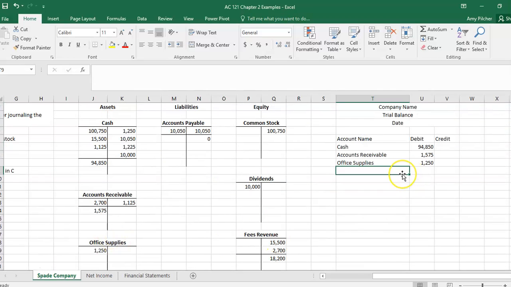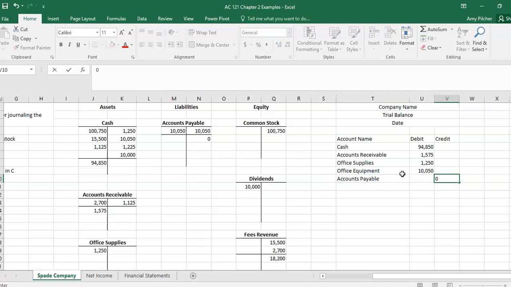Then office equipment, $10,050. Next, we add our liability accounts. And we will record that that has a 0 balance. As we move through the semester, we will add even more accounts.